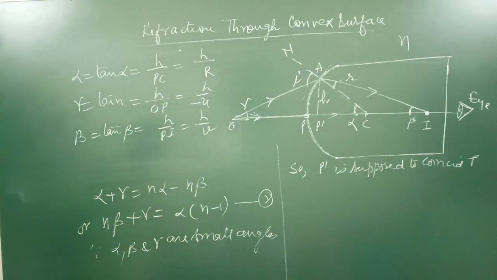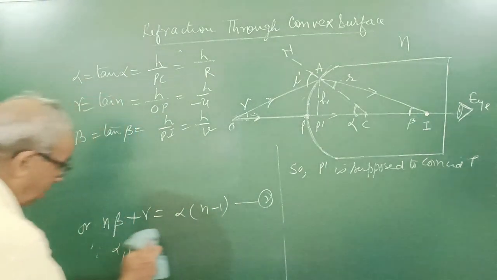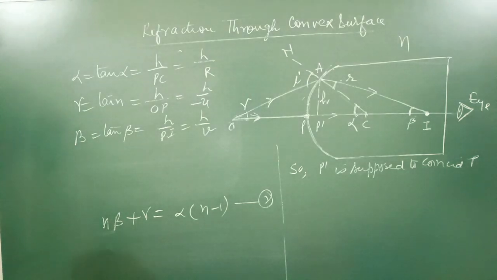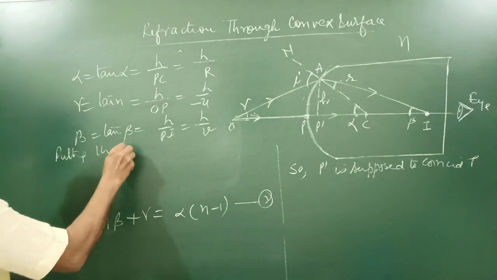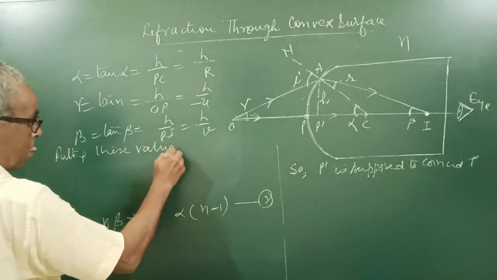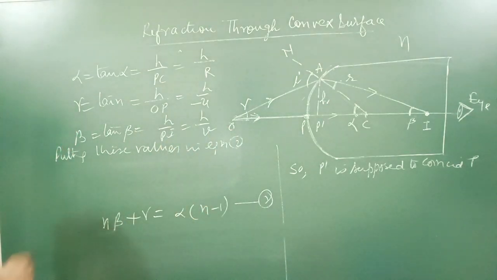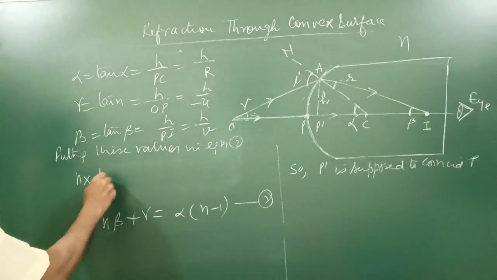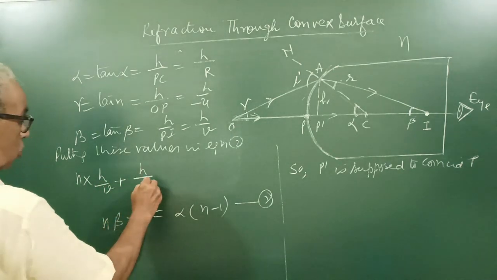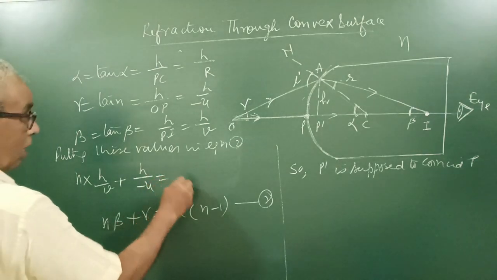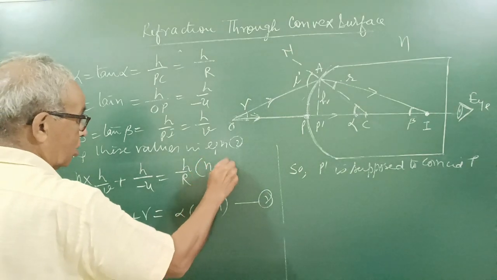Putting the values of alpha, beta, gamma in equation 2: n into beta, h upon v, plus h upon minus u, gamma, equals alpha, h upon r, into n minus 1.